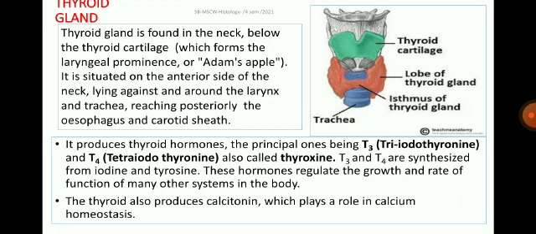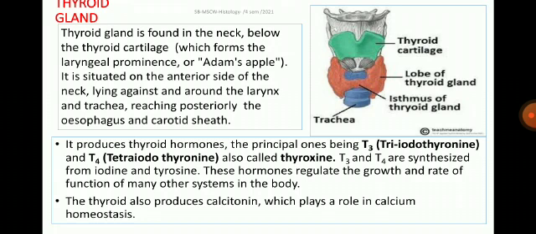Some general information about this gland: it produces thyroid hormones, the principal ones being T3, that is triiodothyronine, and T4, tetraiodothyronine. These are also called the thyroxine hormones. The T3 and T4 are synthesized from iodine and tyrosine, an amino acid.